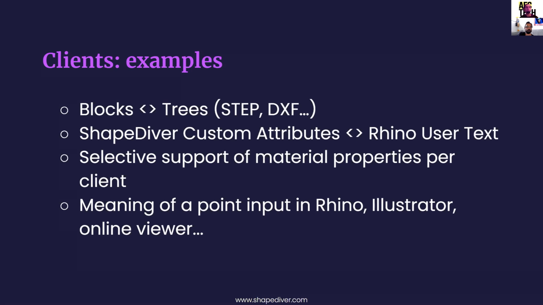So even if you think just of Rhino, Illustrator, or an online viewer, it ends up being very different. That's one of the things that made us think that leaving responsibility to clients and providing this very generic and flexible structured data type made sense.